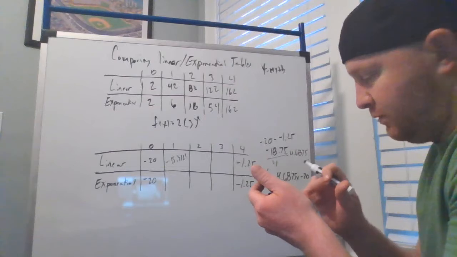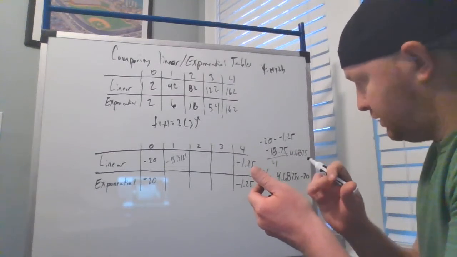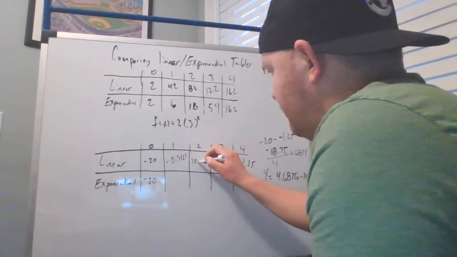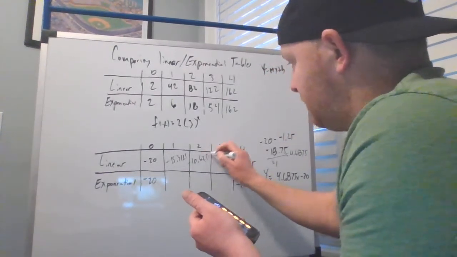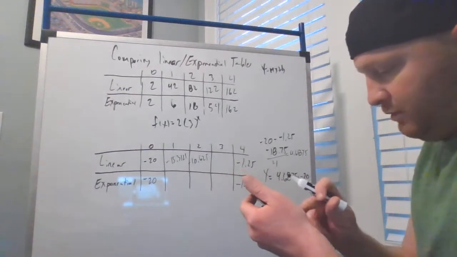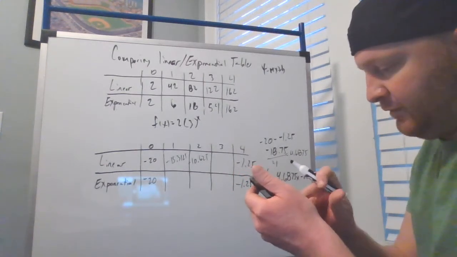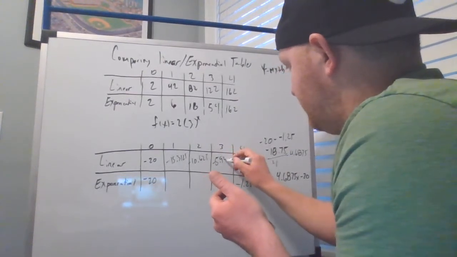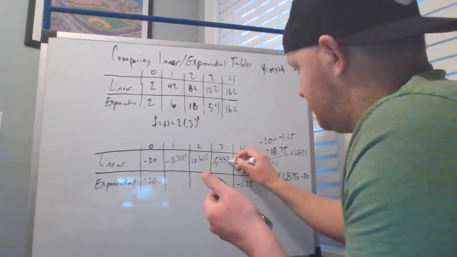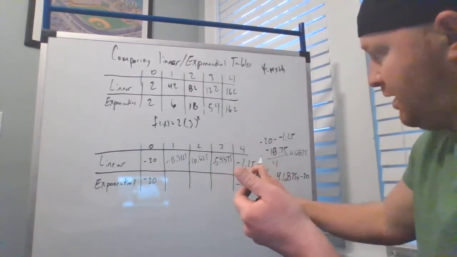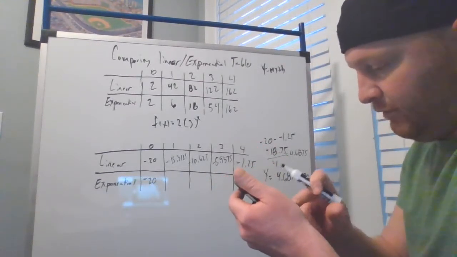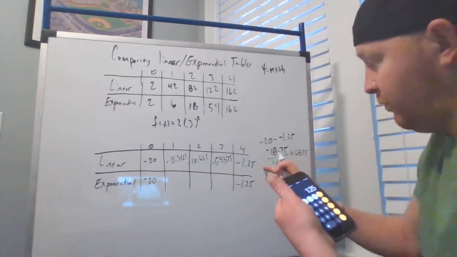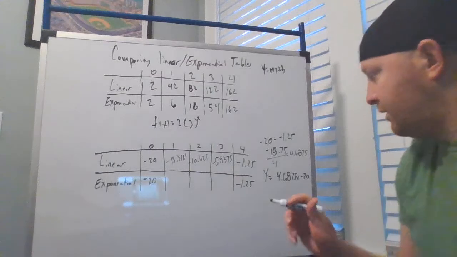Negative 15.3125 plus 4.6875, and I get negative 10.625. Keep going. Plus 4.6875, and I get negative 5.9375, and then let's make sure we end up on this number. When I add 4.6875, it's perfect, negative 1.25. Perfect. So I did that one correctly. That's how you do this, guys.